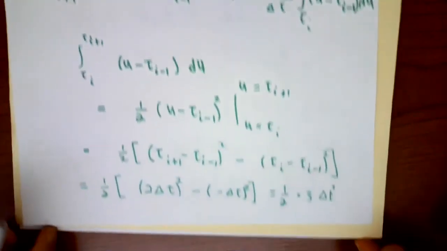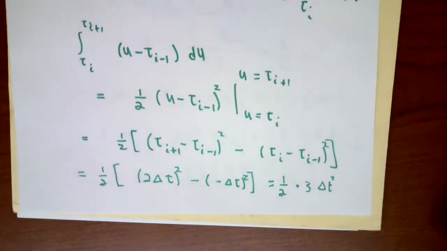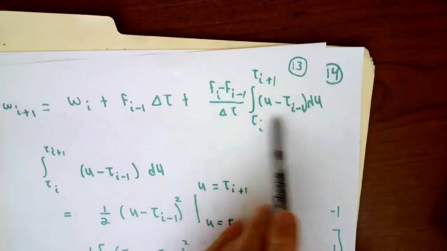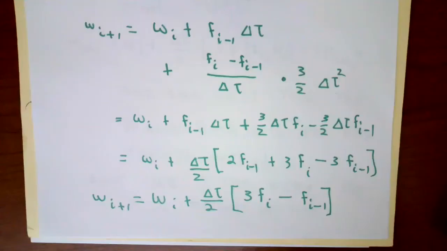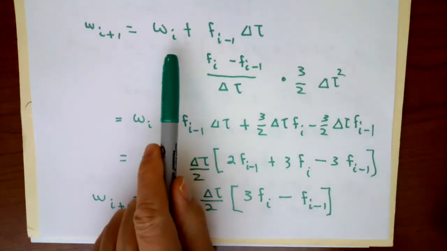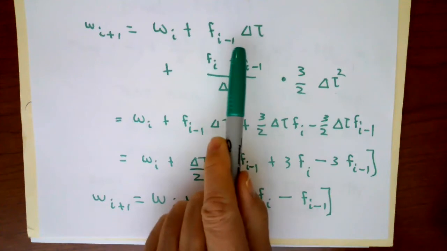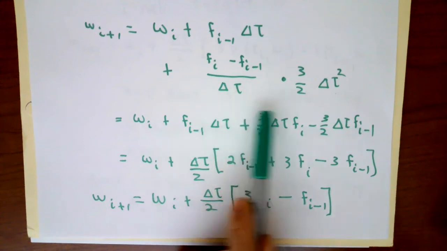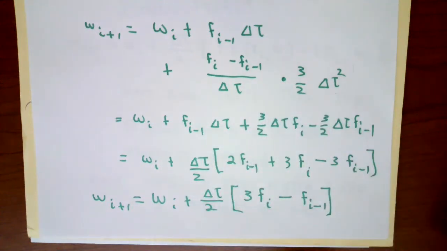After all the arithmetic and algebra is finally done, you end up with 1/2 times 3 times delta t squared. This is the value of this integral. Putting all the pieces together, wi plus 1 is w at time i plus the easy to calculate term times this rather ugly looking coefficient times 3/2 delta t squared.